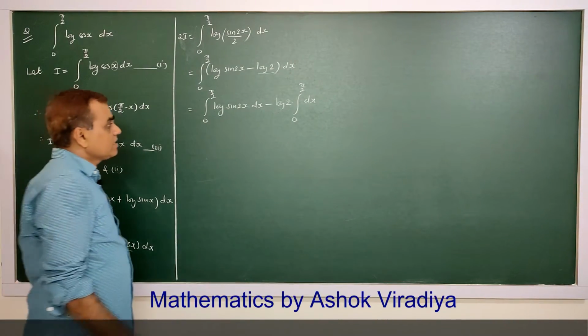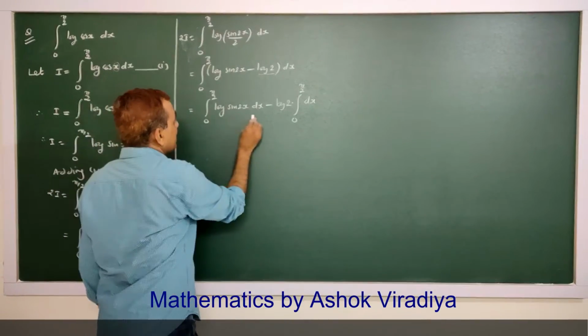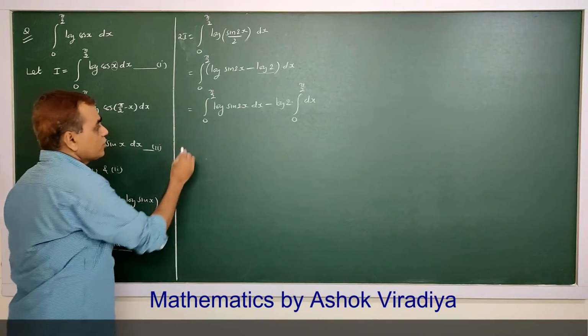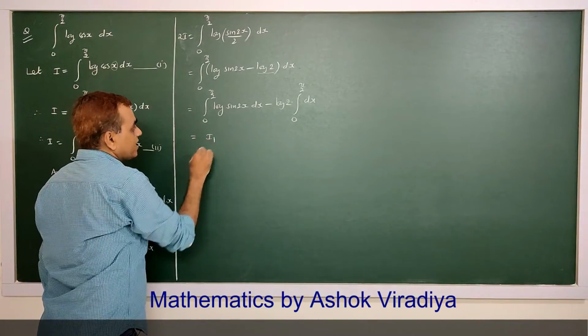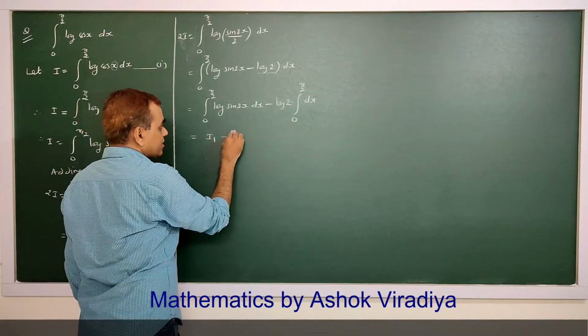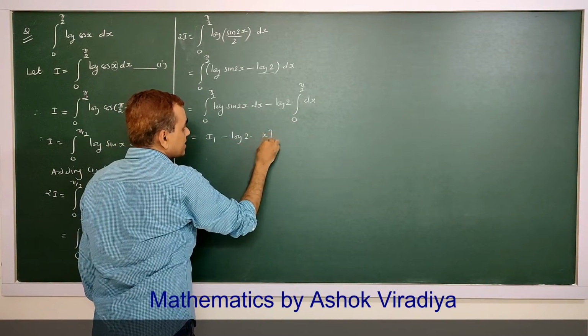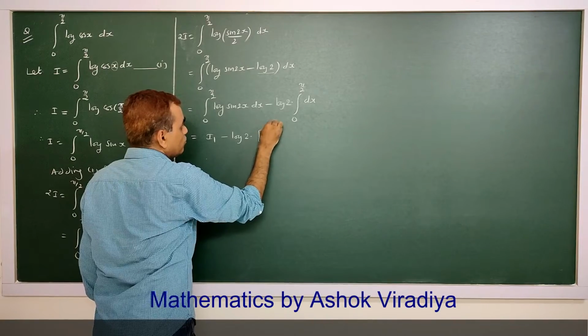Let us call the first term I1, so it is equal to I1 minus log 2 into integral of 1 which is x, 0 to pi by 2.